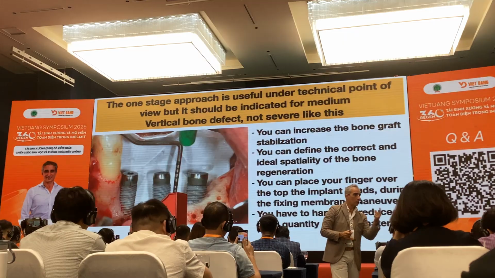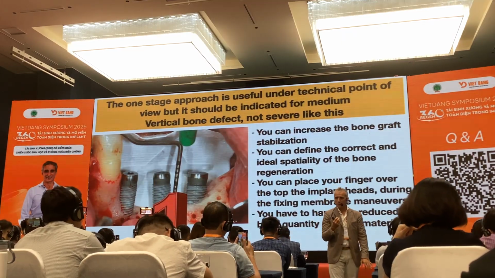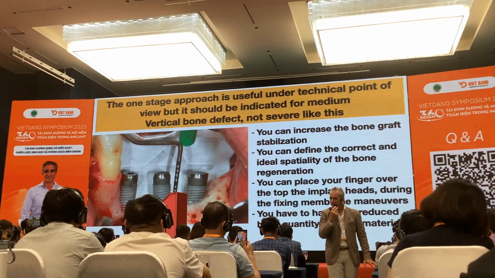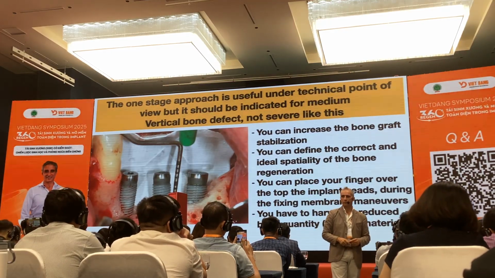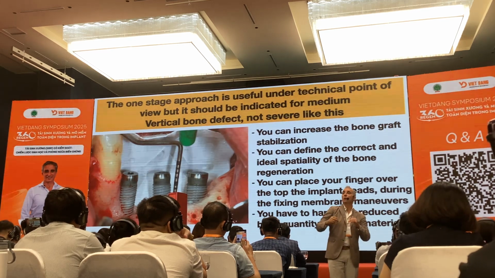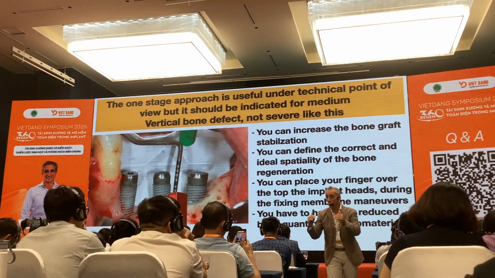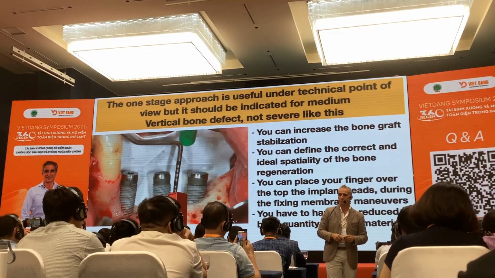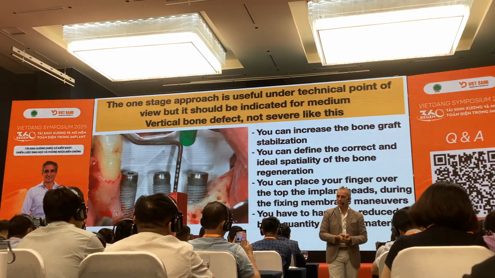In the same way on the lingual side. So this is the reason why the spatiality of the bone regeneration is very important. You have to evaluate the regeneration of the bone in the medium-long term, not by clinical evidence.